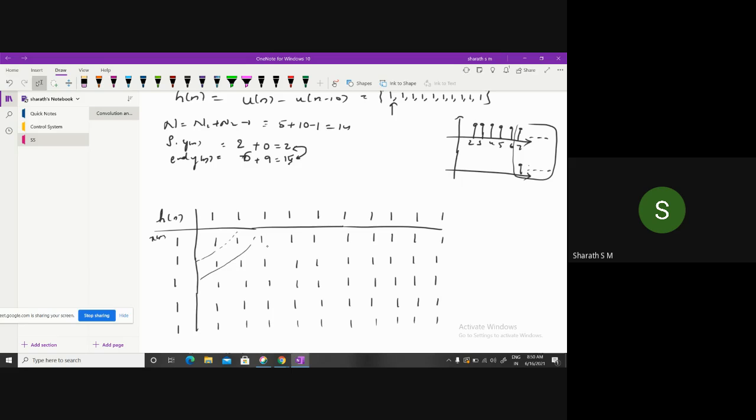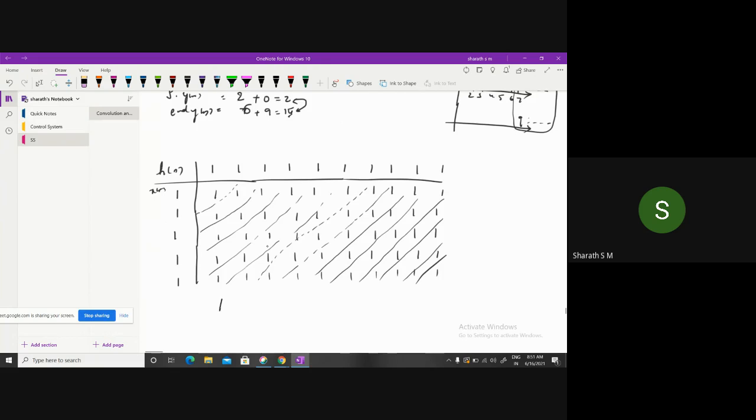The elements are separated by diagonal lines, and we add those diagonal elements.